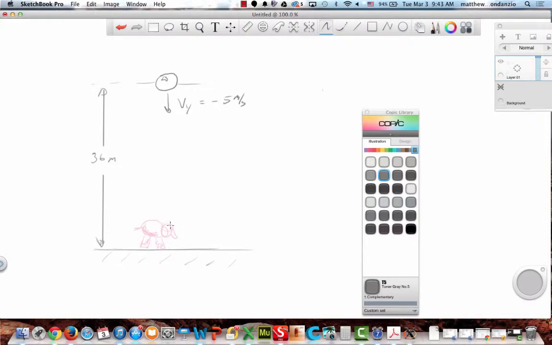How long does the elephant have to get out of the way before it gets hit? So how long does it take for the ball to hit the ground? Yeah, essentially, right? Well, you have to account for the elephant's height.